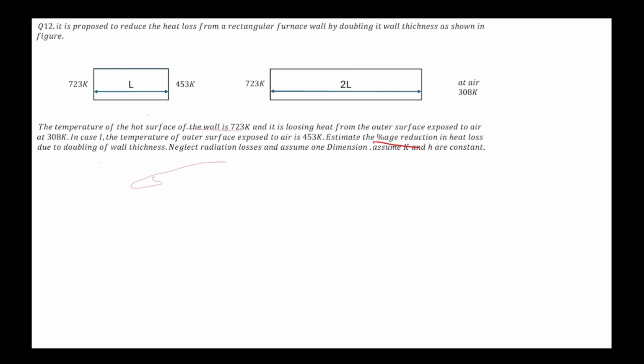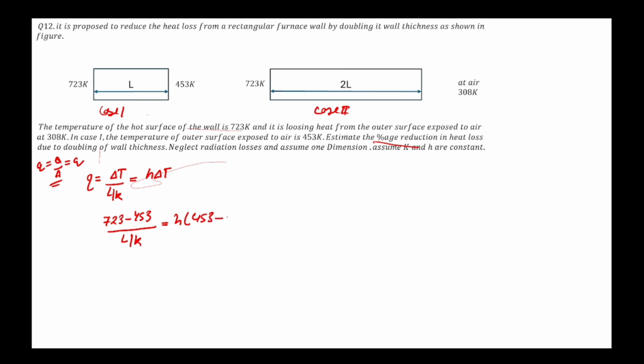So for case 1, we know that Q is equal to delta T upon L upon K, which is equal to h delta T, because Q is Q upon A, so we just multiplied Q by A and wrote it as Q. So delta T is 723 minus 453, divided by L upon K, equal to h times (453 minus 308).